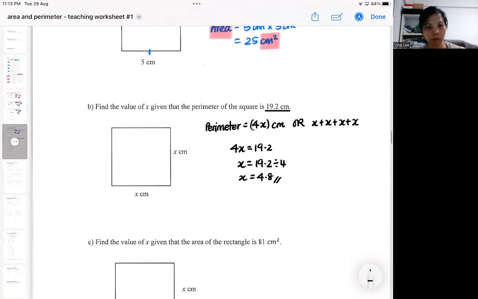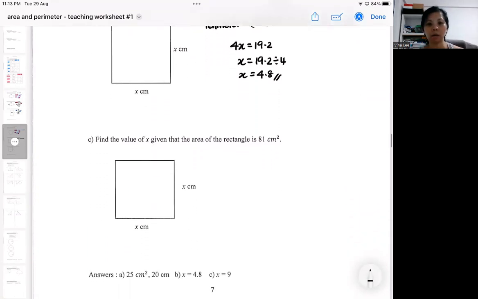Then the next one, you are also finding x, but you are given the area of a square. So again, I'm going to do my algebra first. The area is length times length. x centimeter times x centimeter, which gives you x square.